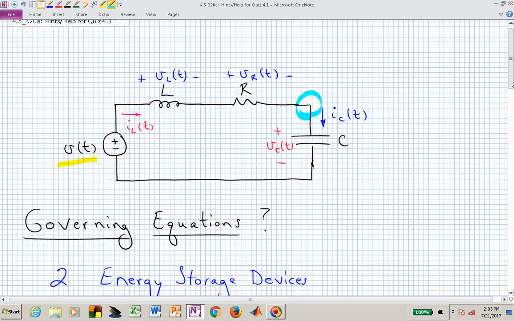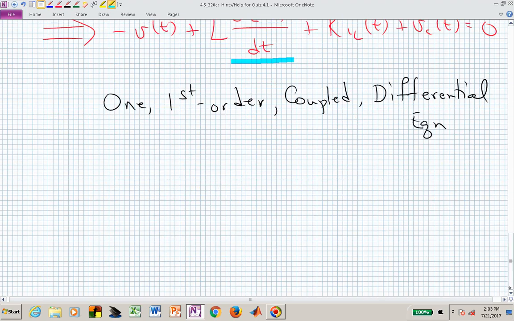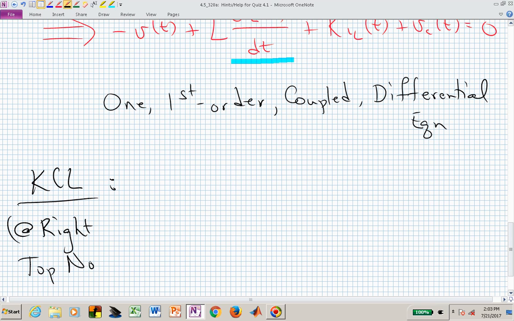Let's then write a KCL equation at the right top node. And doing that says that we now have I sub L of t. That's one of our state variables.